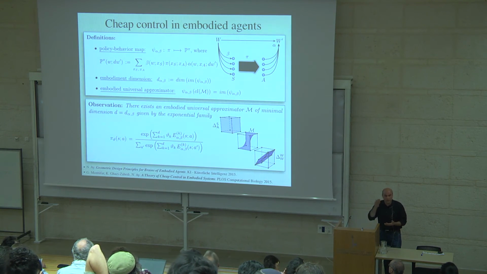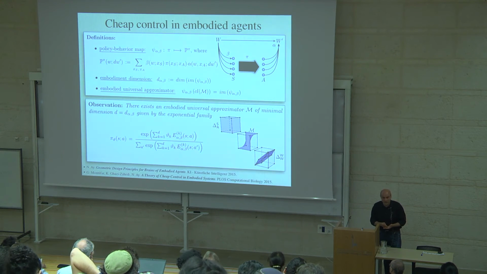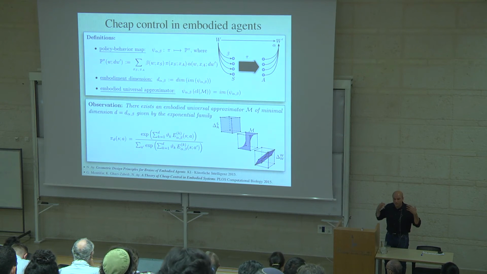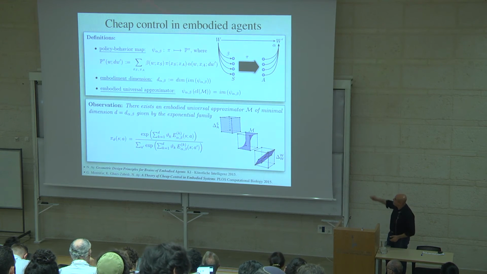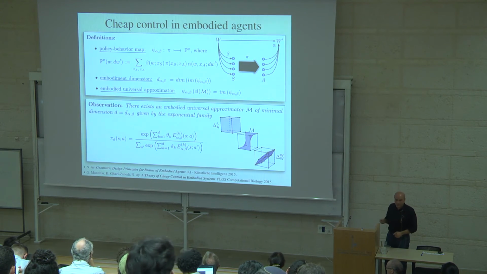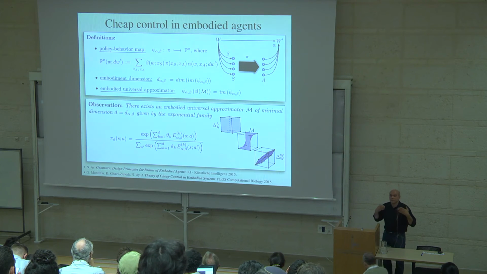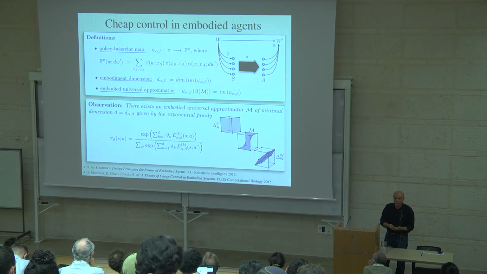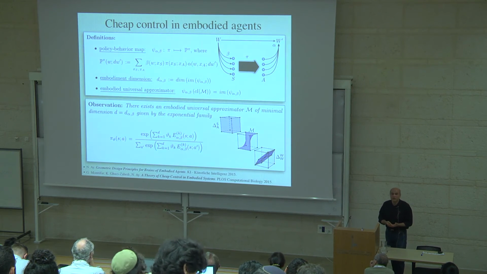So we can take one representative within that class, which gives us a lower dimensional projection of the polytope of all policies, and the stronger the embodiment constraints, the stronger that projection. Okay, the lower dimensional, the image of that projection.